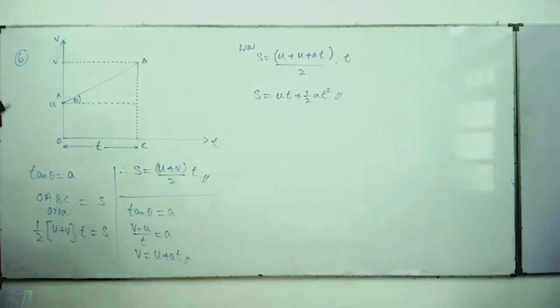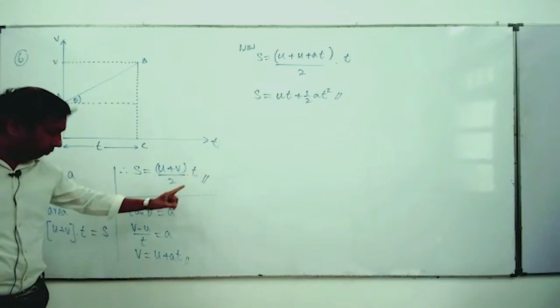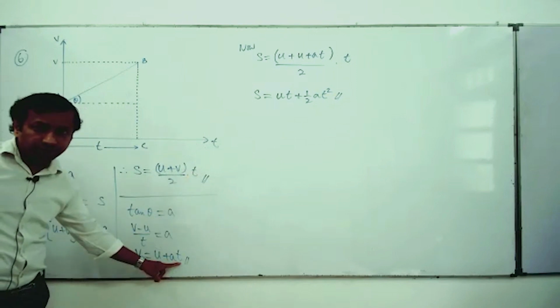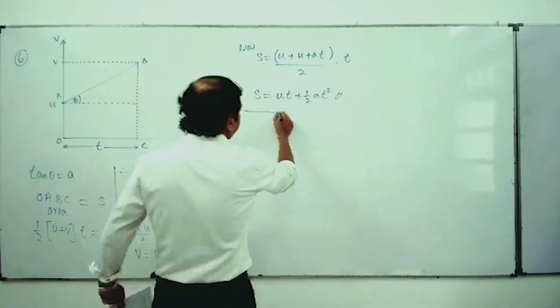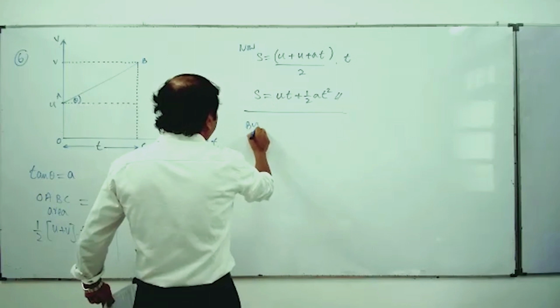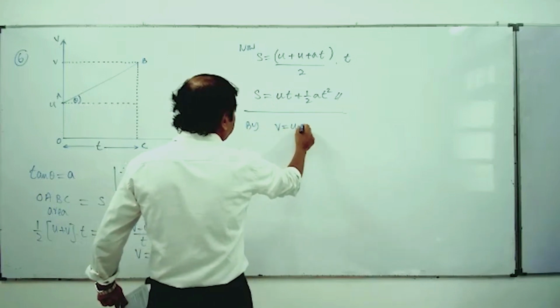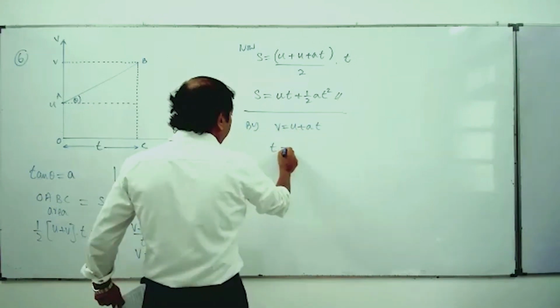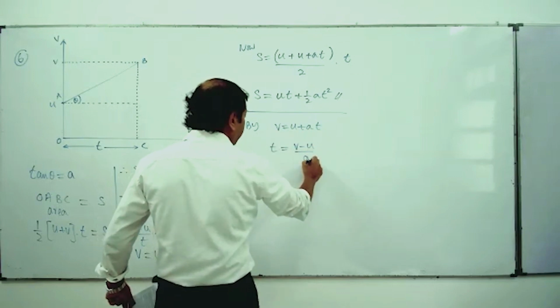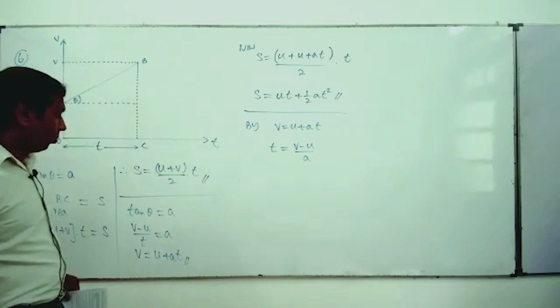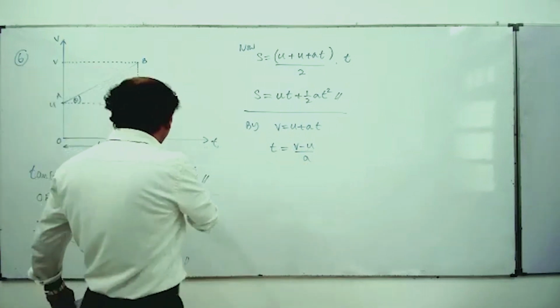The next one, the fourth one, you can take. For this t, make t the subject from v equals u plus at. You can write t equals v minus u, bring this u here, divided by a. Put that in this number one.